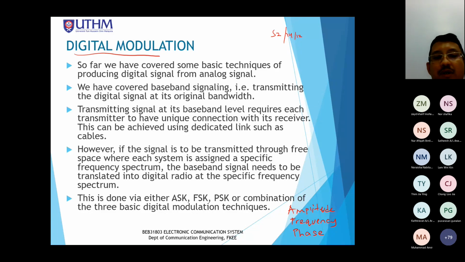So now we modulate digital code word with analog carrier. During the modulation, if the amplitude of the carrier changes in accordance with the digital code word variation, it will produce amplitude shift keying.